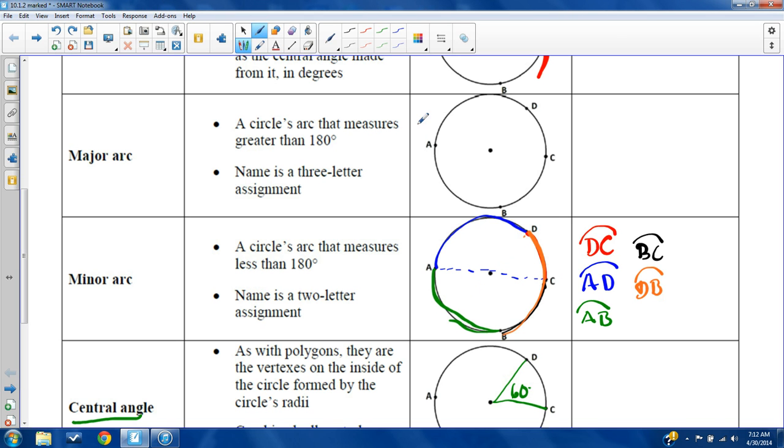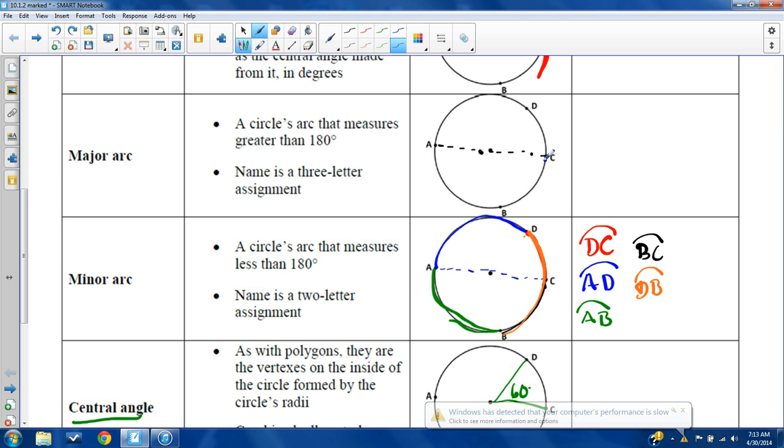Okay, pretty straightforward. Major arcs are arcs that are greater than 180 degrees. So again, if I draw this diameter here, AC, if I go from C to A, that's 180. I need something greater than 180. Like for instance, from C to B. Now the only thing though is that if you tell me from C to B, that's a little ambiguous because there are two different directions we can go.